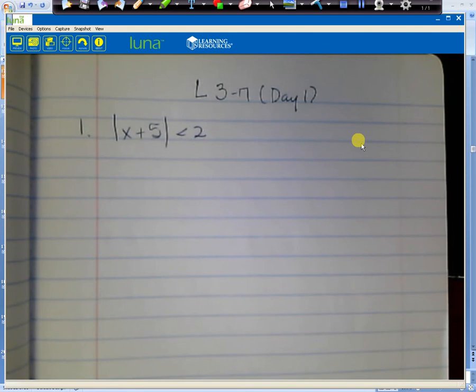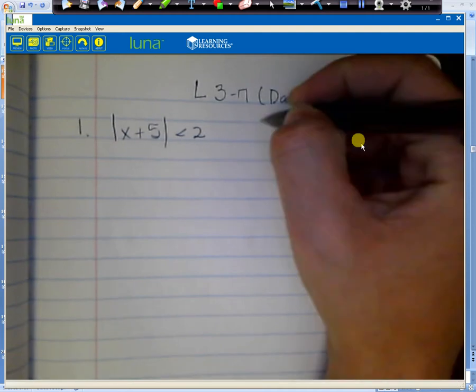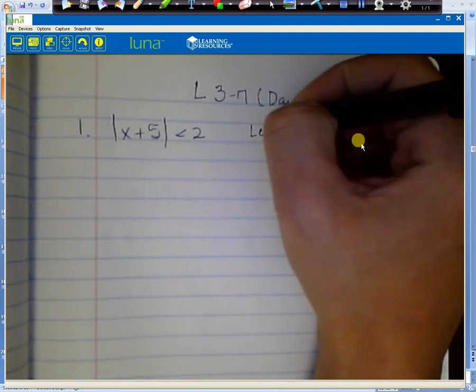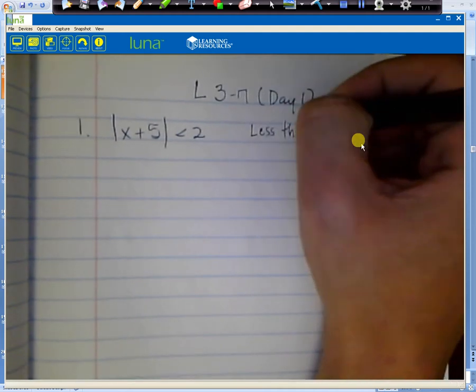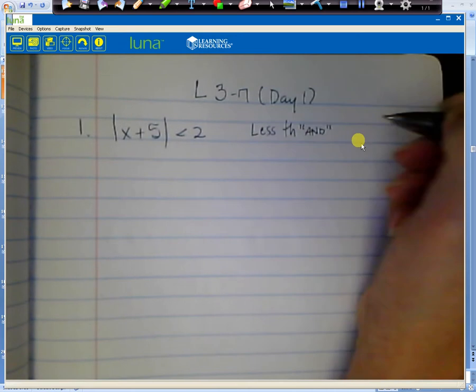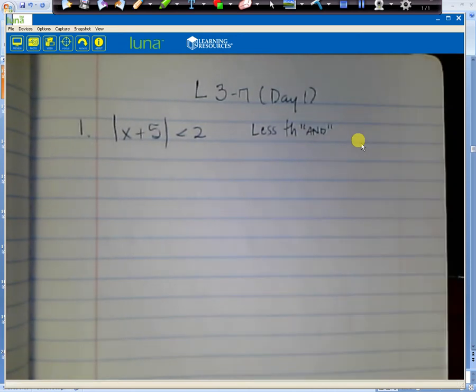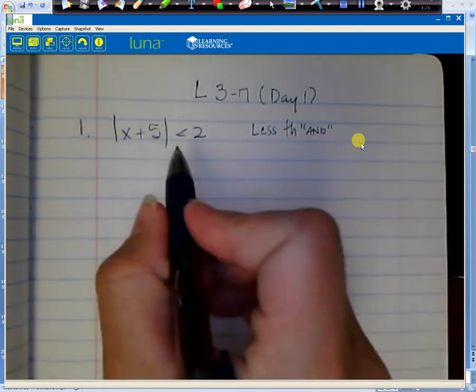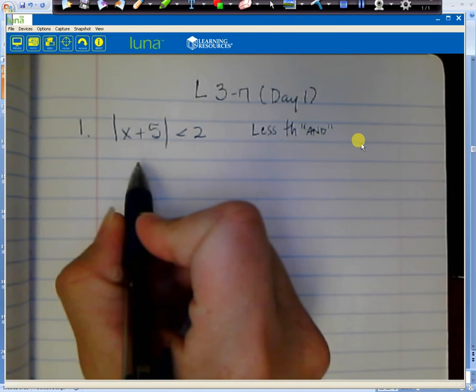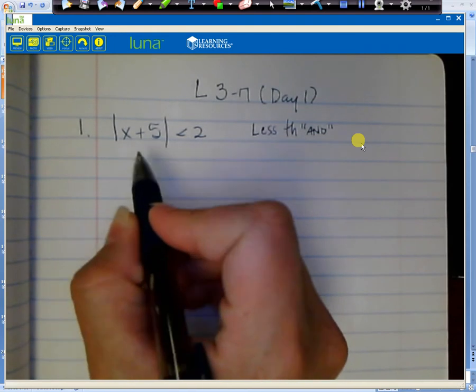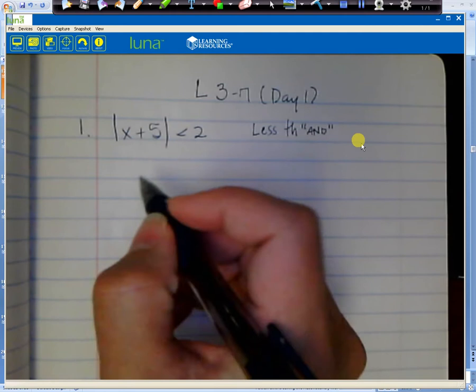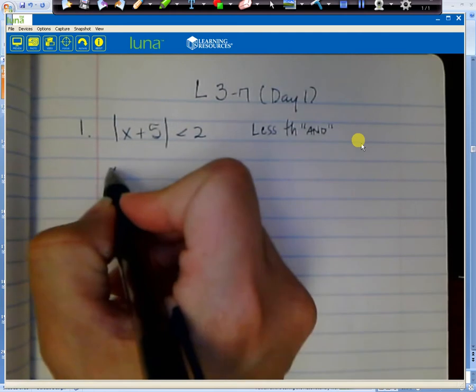So because this is a less than problem, again, my play on words, less than, I know that this is going to be an and compound inequality. So I'm going to set up my problem. My absolute value bars are by themselves, so just like I have been on all of my other absolute value problems, I'm going to say x plus 5.